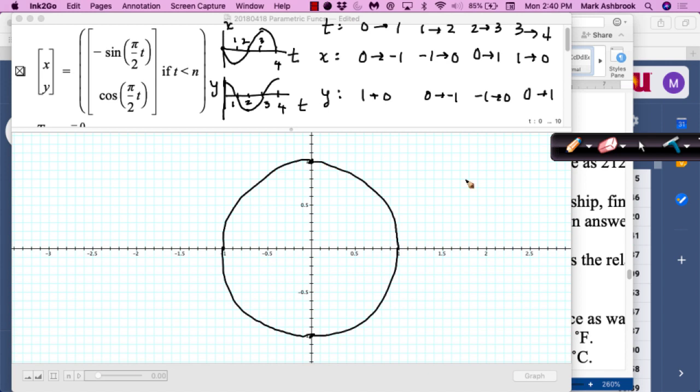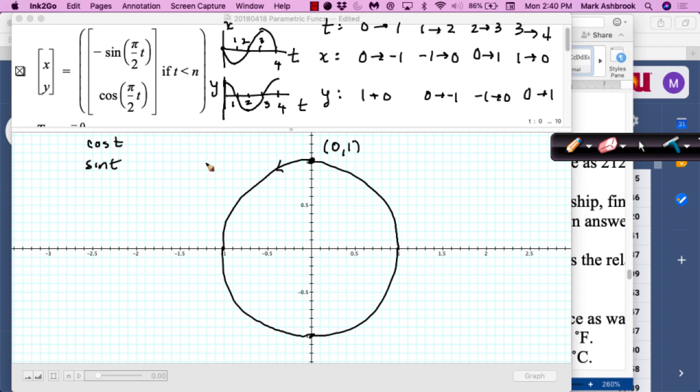It's still the unit circle. What are the differences between this unit circle and the one we did before, cosine t, sine t? Different starting point is one difference. So now I'm starting here. Still going counterclockwise, so that's the same. And what else is different? There's one more big difference between this one and this one.